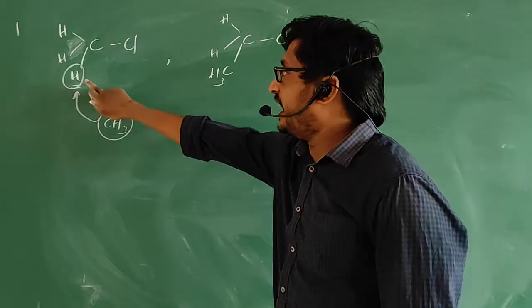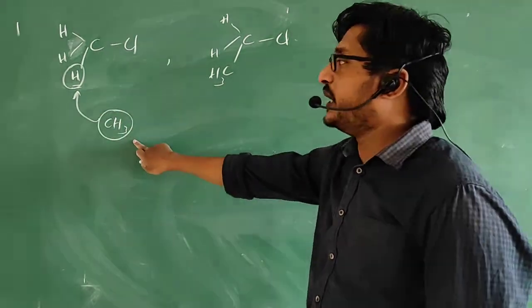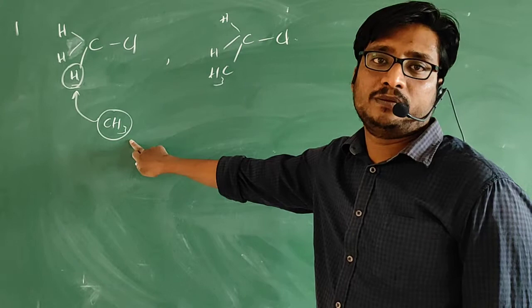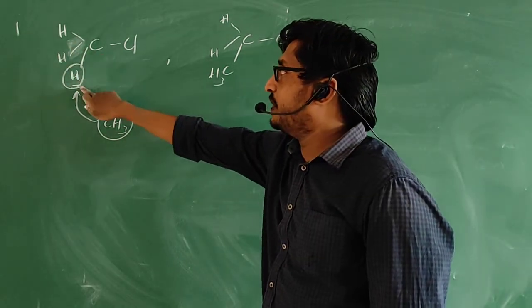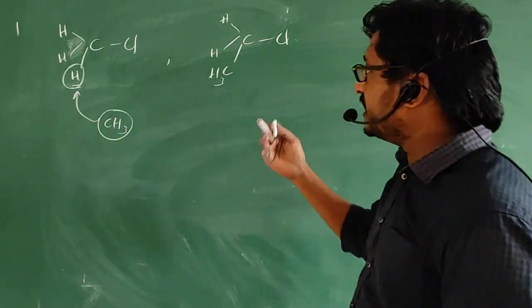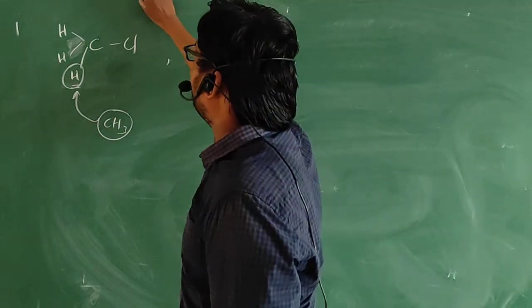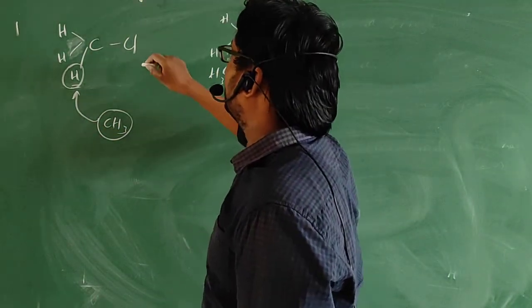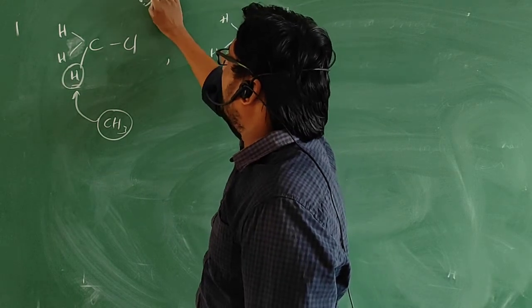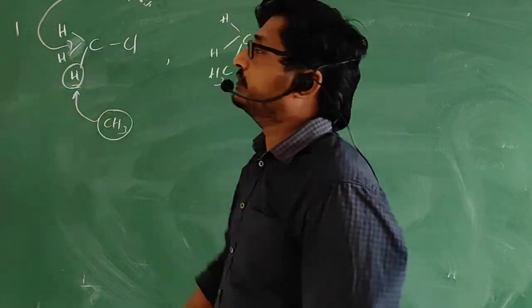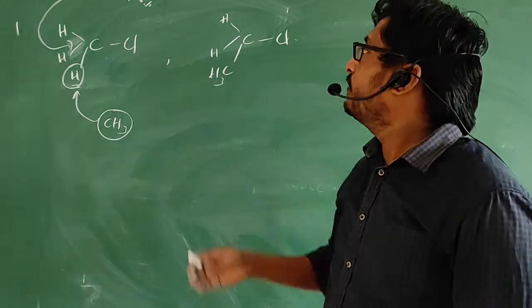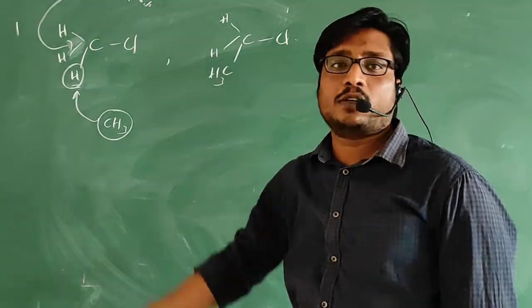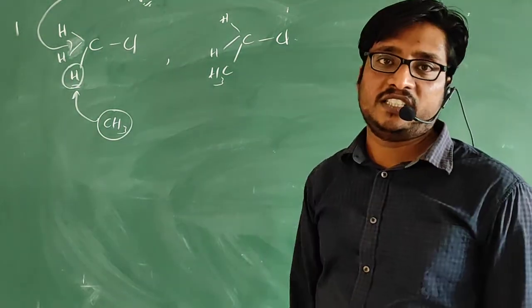Here hydrogen is small in size when compared with the methyl group. So when all the three groups on the carbon are hydrogens, it will be easy for the nucleophile. What is the nucleophile in our reaction? OH minus. It will be easy for OH minus to attack the carbon, because the hydrogens give space, since they are small in size.